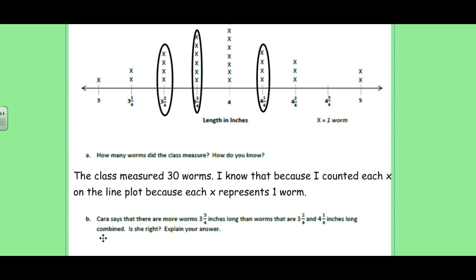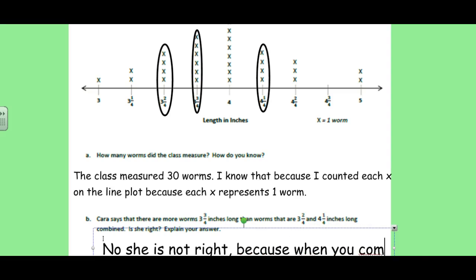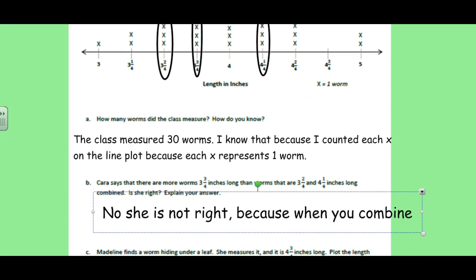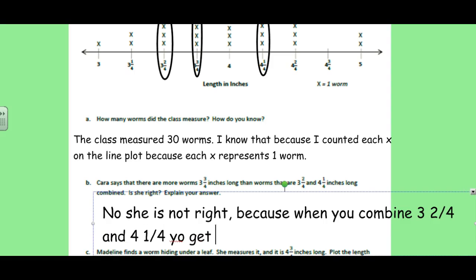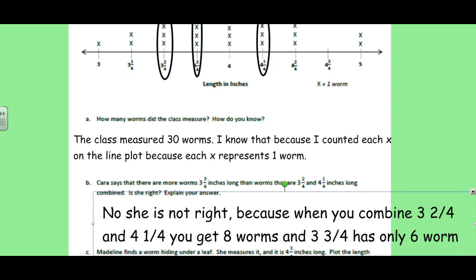So there's two different parts to this question. No, she is not right, because when you combine 3 and 2/4 and 4 and 1/4, you get 8 worms, and 3 and 3/4 has only 6 worms.